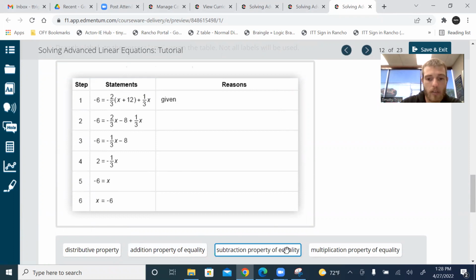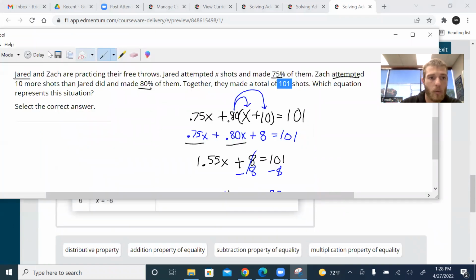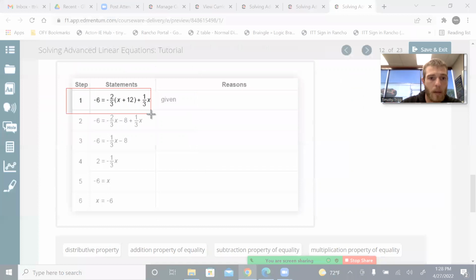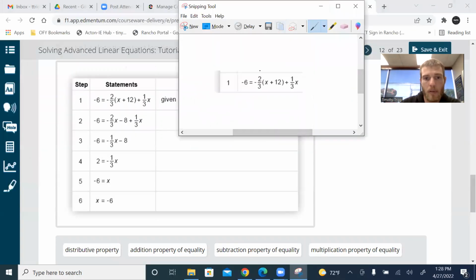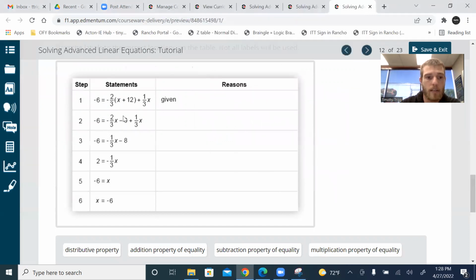So when I look at this problem here, my first step would be to distribute this negative 2/3. So negative 2/3 times x and negative 2/3 times 12. It multiplies negative 2/3 times each of these in the parentheses. And that would give us this next step.